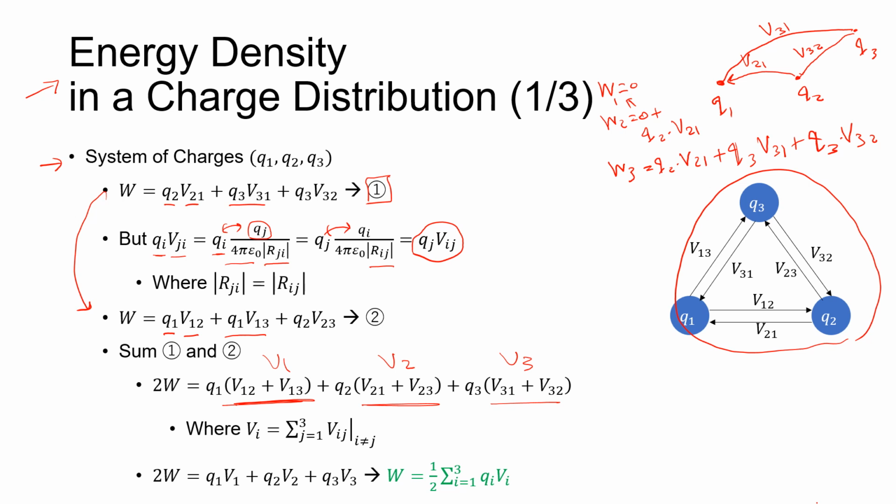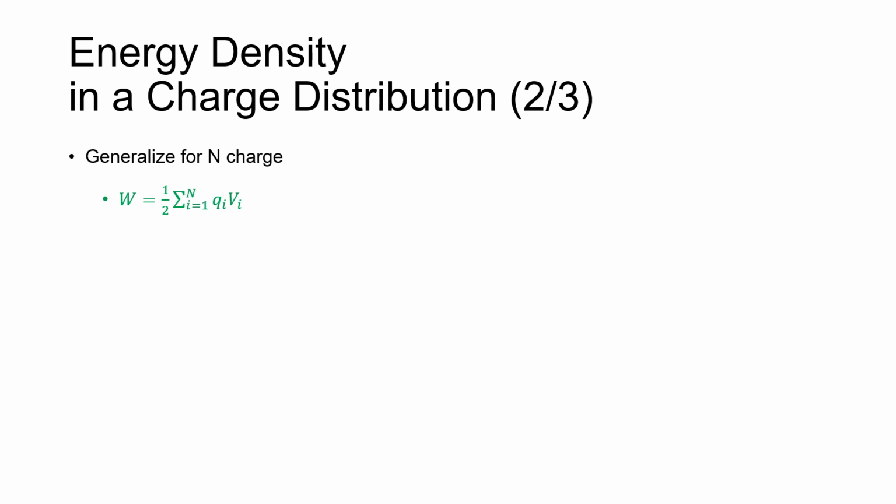If you do so, you find that 2W equals Q1 V1 plus Q2 V2 plus Q3 V3. And just rewrite as W equal to half the summation from i equal to 1 to 3 of Qi Vi. If we generalize what we have found in the previous slide for any number of charges, we just replace 3 by n charges.